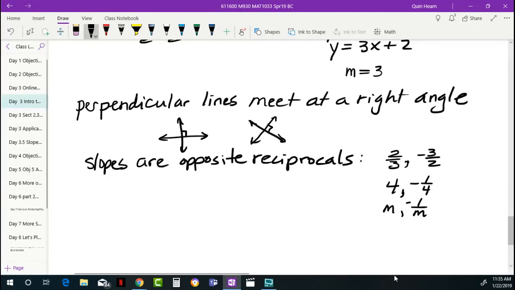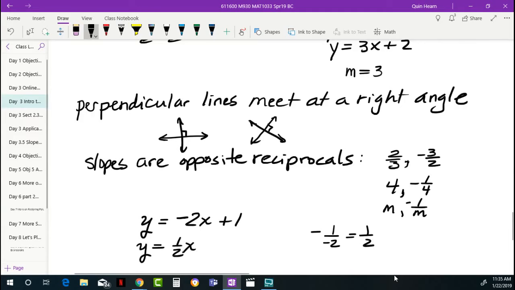So for example, if y is equal to, let's say, -2x plus 1, we know that's going to be perpendicular to what? Well, take 1 over -2 and negate it, and you're going to get positive 1/2. So it would be perpendicular to, say, 1/2 x minus 7, because their slopes are opposite reciprocals of each other.